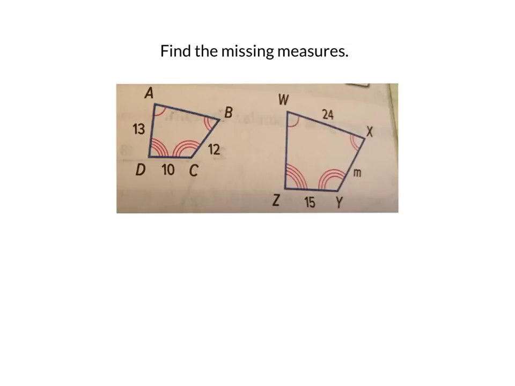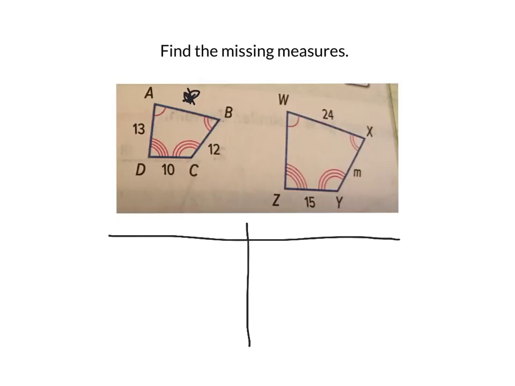Now I can use my properties of similar polygons to also find missing measurements. In order to do that, I'm going to use my corresponding sides and build those ratios again. So there's 2 ways you can do this, and I'm going to show you both ways. So if I have these 2 figures up here, and I'm looking to find the measurement of this side, looking to find X right here, my little star.